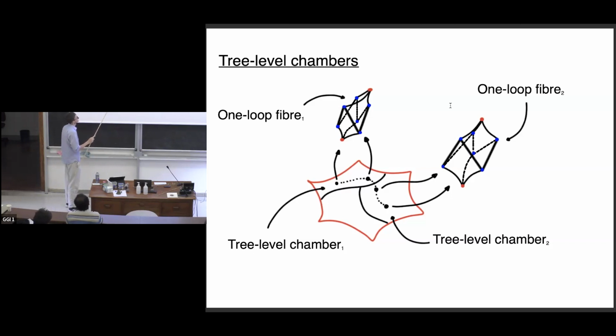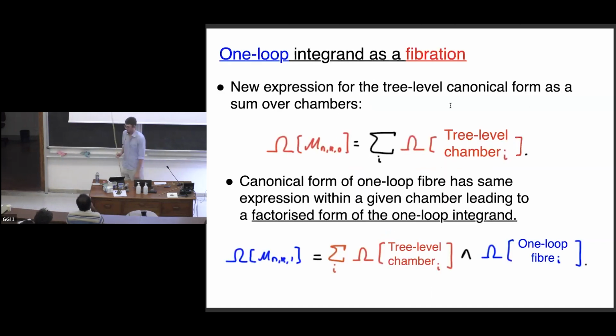Now, if I go far enough and cross a boundary from one chamber to another and compute the one loop fiber, I'm going to get a different combinatorial structure. When you go from one chamber to another, some set of quadruple cuts appear as vertices of your geometry, and in the next chamber you have a different set.